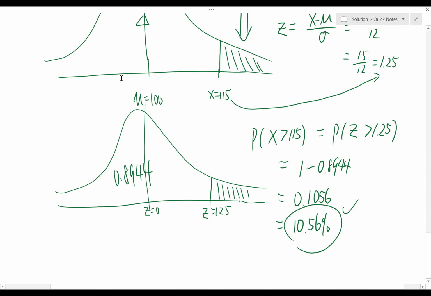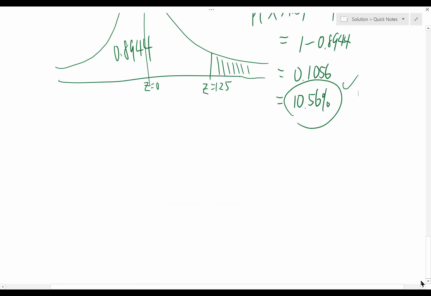Yes, Kiara, you have a question? I was just wondering, how do we find the z-scores that aren't on the table? For example, if you have a z-score like 5.62, or a z-score equal to negative 3.99, you won't find it in the table.